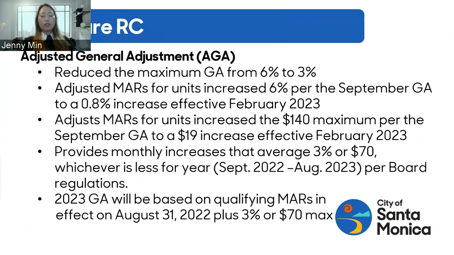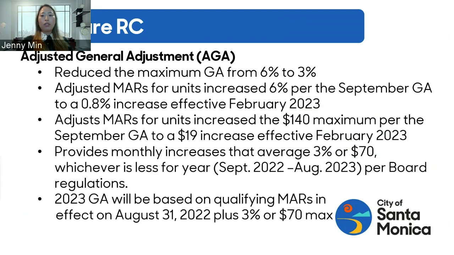So in November of 2022, Measure RC passed, and this made an adjustment to the general adjustment, reducing the maximum general adjustment from 6% to 3%. The adjusted MAR for units increased 6% per the September GA to a 0.8% increase effective February 2023.